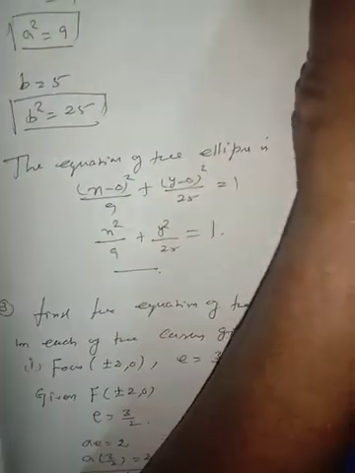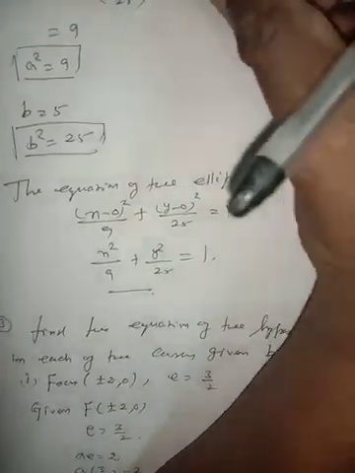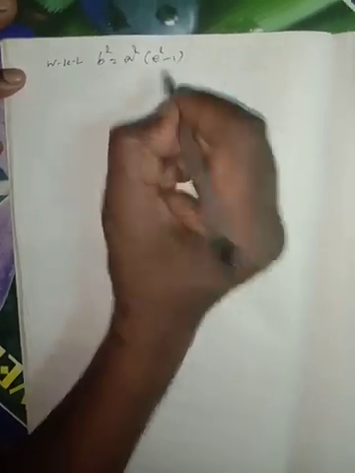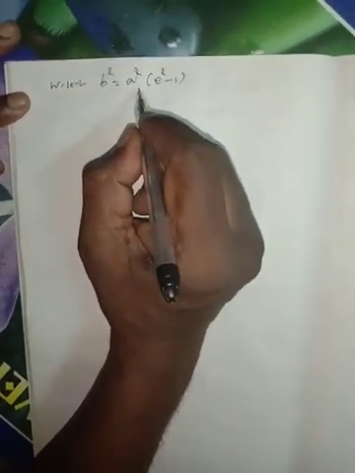Next, b square. We know that b square in a hyperbola is a square into e square minus 1. In an ellipse, b square is equal to a square into 1 minus e square.